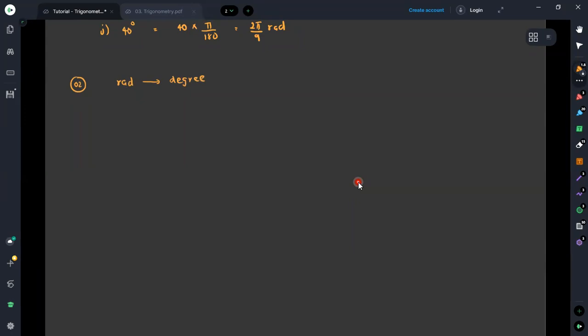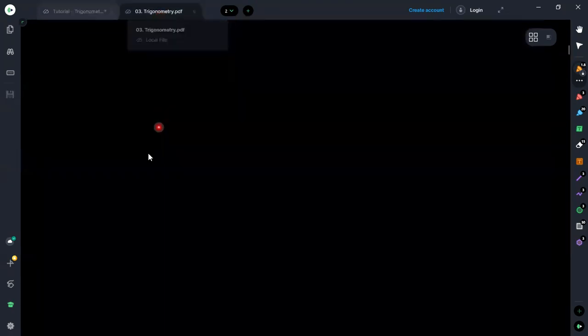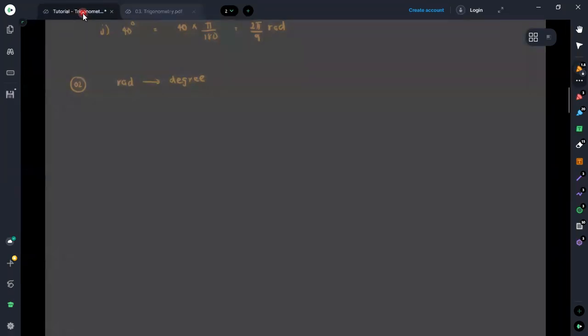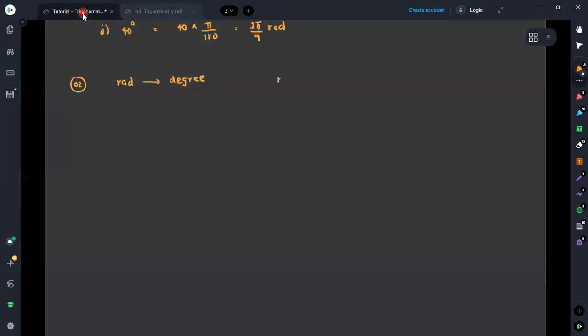To have this conversion, we know that 1 radian equals 180 divided by π degrees. Now we can use this technique for converting the values.